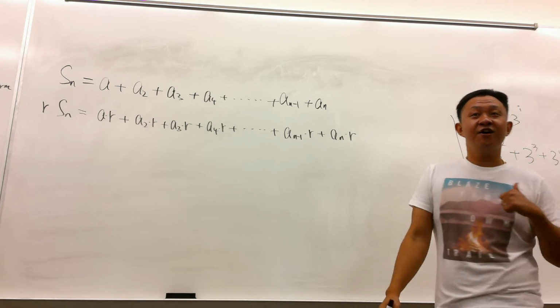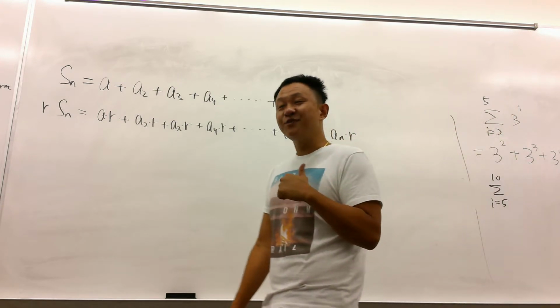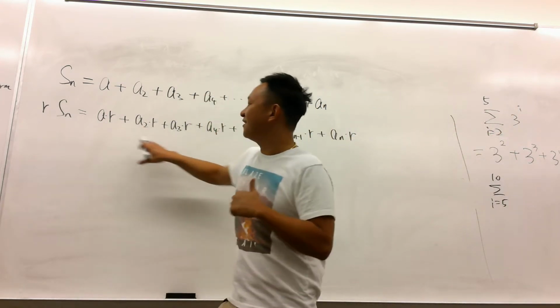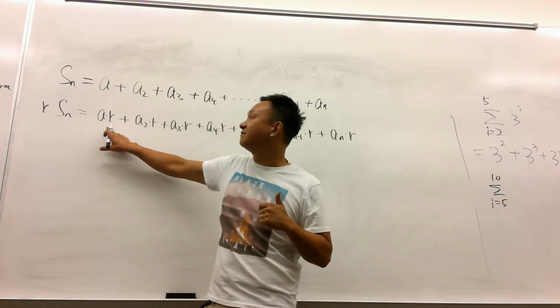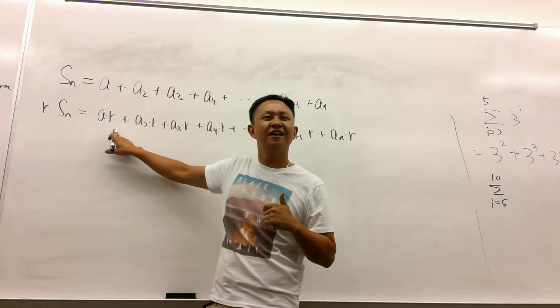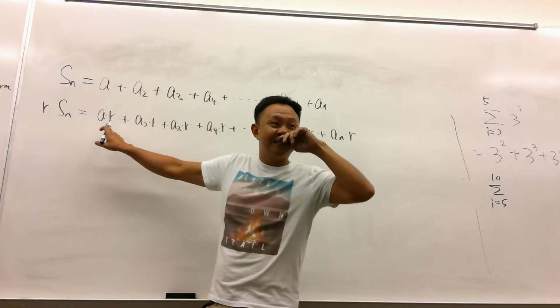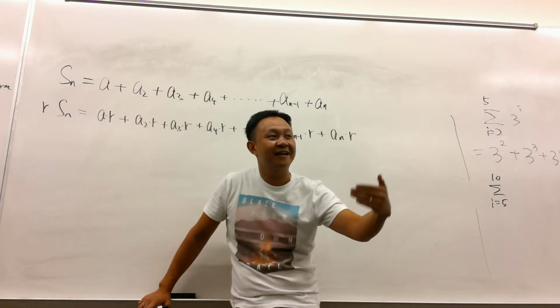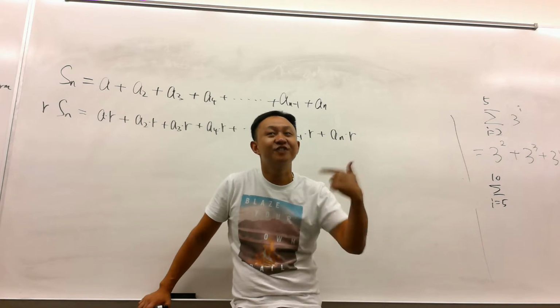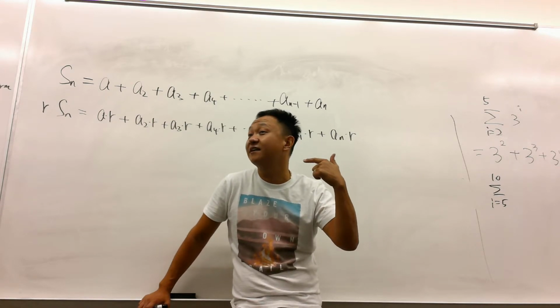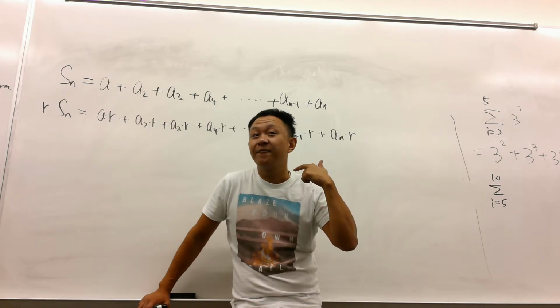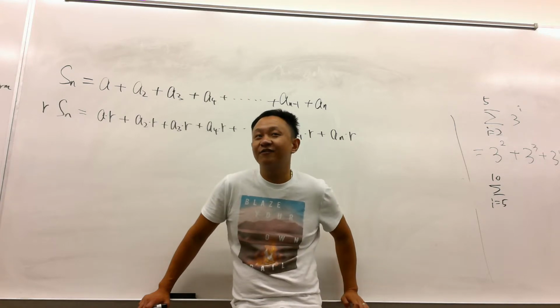And guys, now let's see what these things really are. The first term times the common ratio in a geometric sequence, what does it really give you? It cannot give you itself.